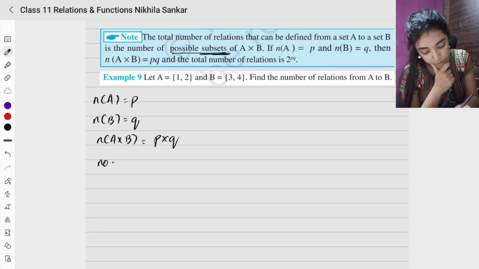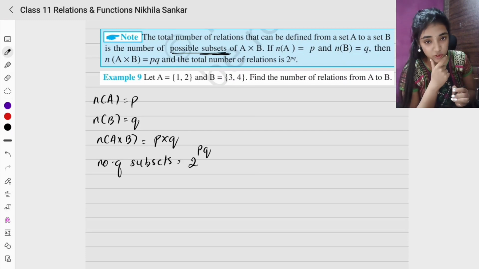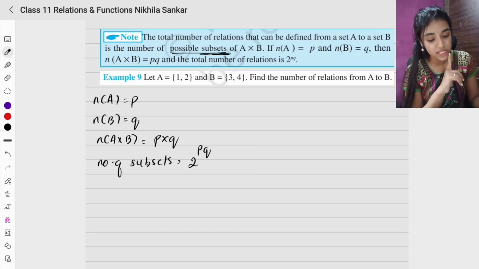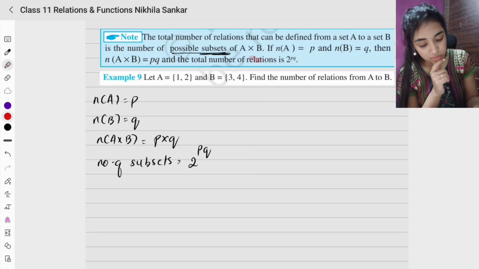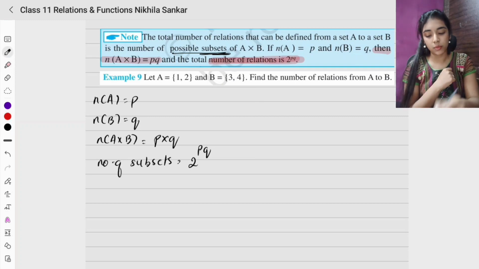So the number of subsets is 2 to the power pq. This is what we learned in our previous examples and exercise questions on Cartesian products. So the total number of relations is going to be the total number of subsets of A cross B.